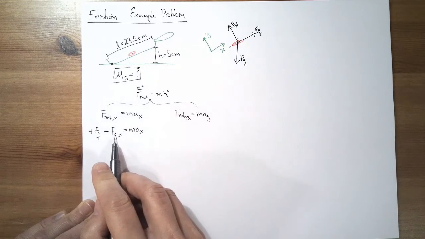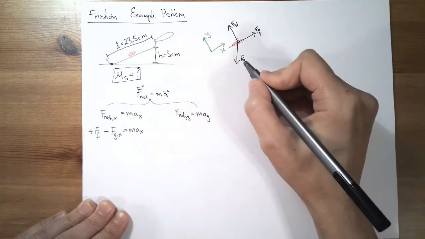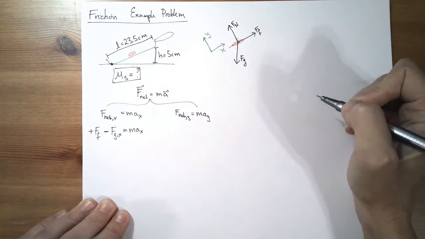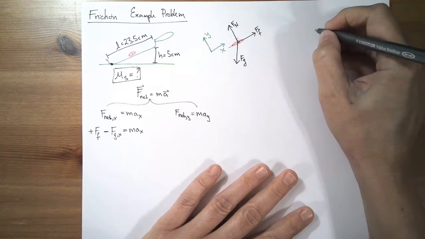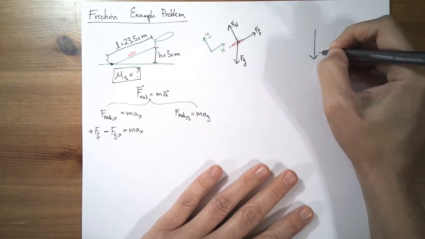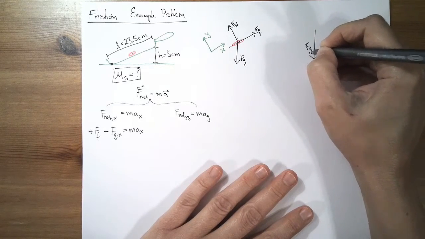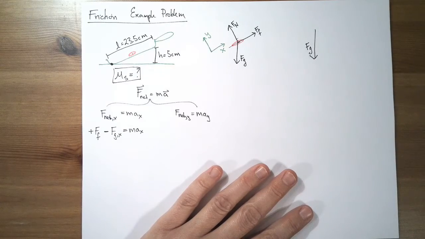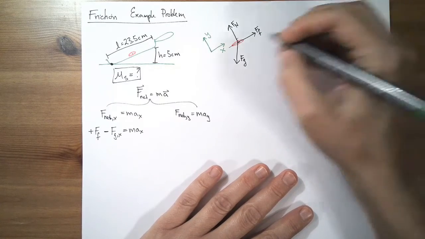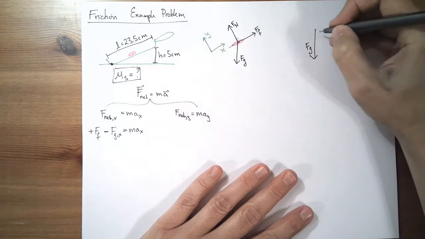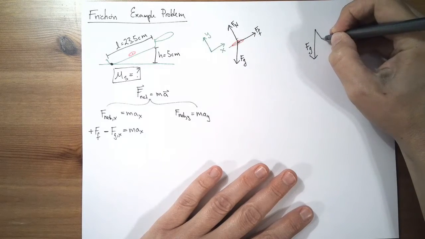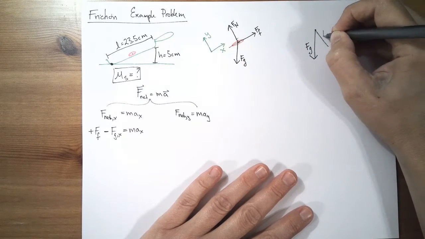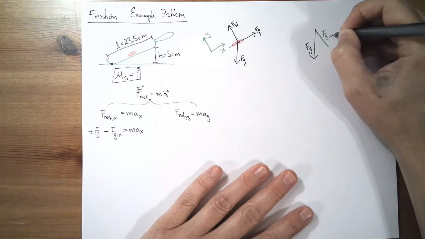So since we know we have to divide gravity into components, and we knew that already when we did our free body diagram, let's go ahead and do that. So there's gravity. Y is perpendicular to the surface of the pan, so that'll be the y component of gravity.